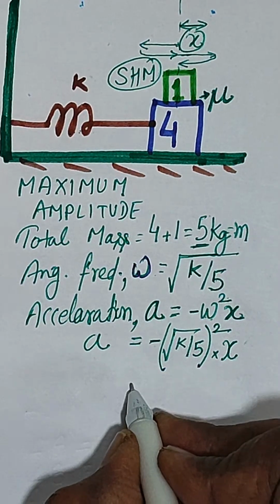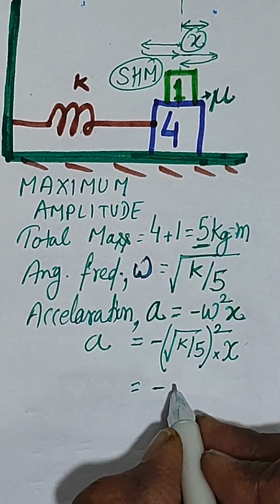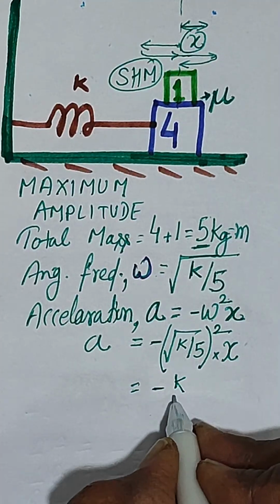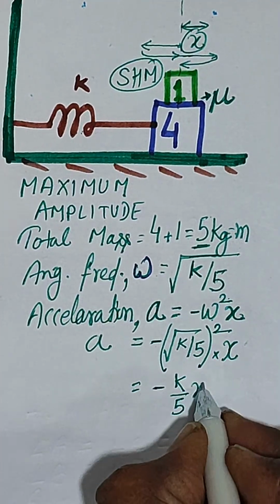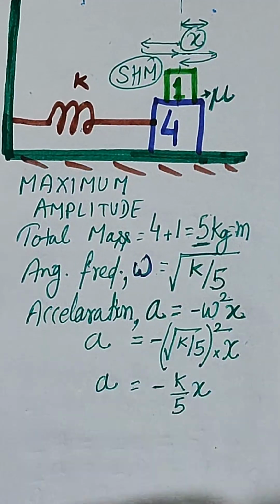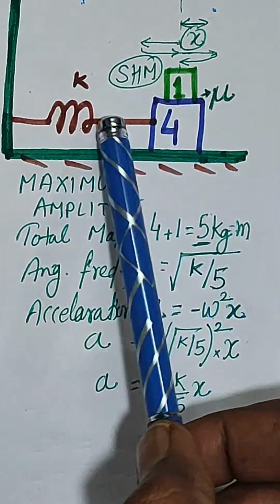This will give you minus k by 5 x as the value of acceleration of this system.